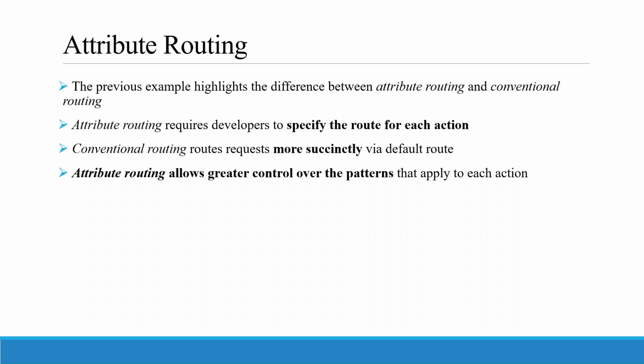However, attribute routing allows greater control over the patterns that apply to each action. The advantage of using attributes is that we can get greater control over what the format of the URL should be. We are not constrained to use the name of the controller followed by the name of the action. We can use whatever format we want for the route.